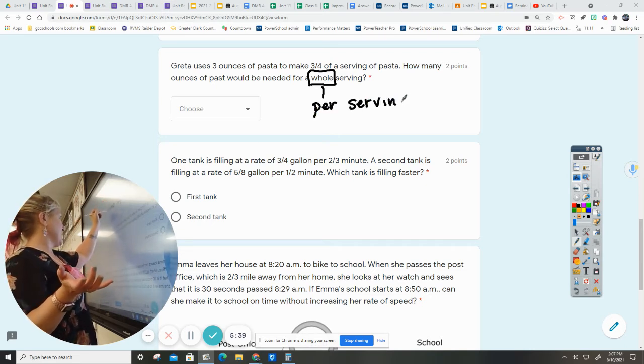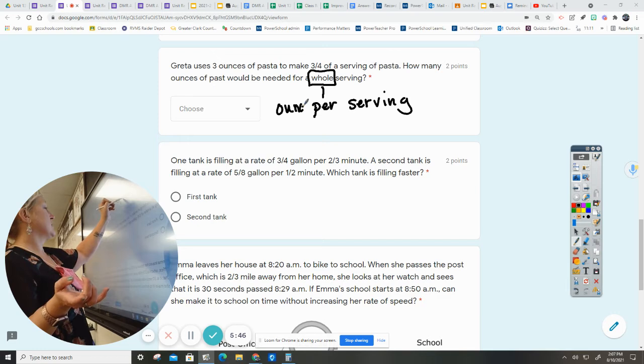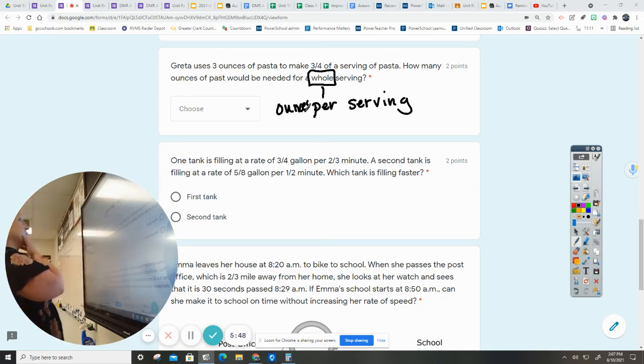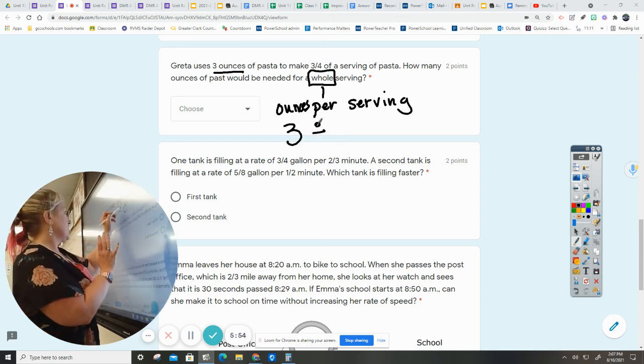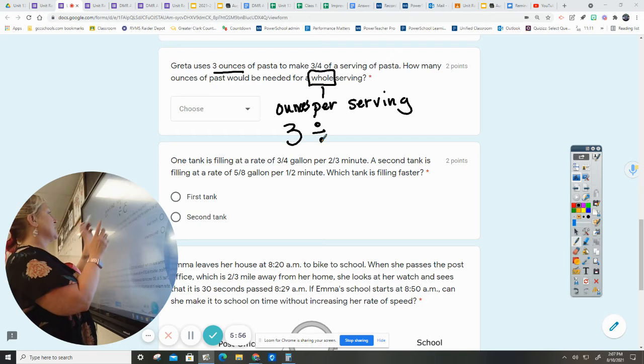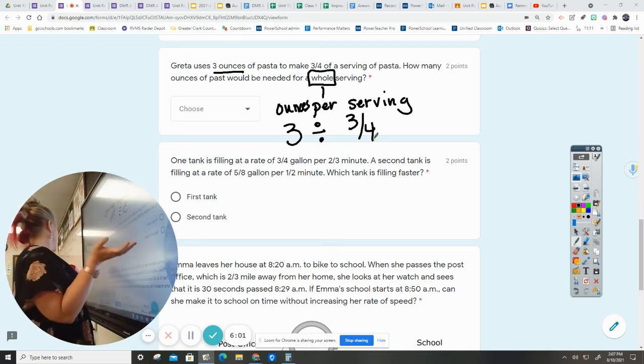Okay, so I am figuring out ounces per serving. Okay, got it. So now I'm just going to substitute in 3. This means divide. 3/4 means serving. And now I just continue to calculate.